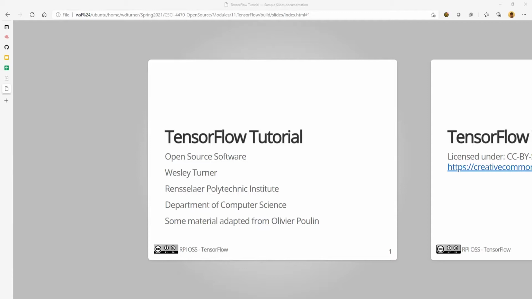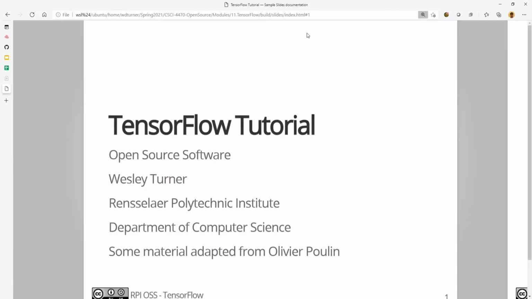We have a couple of these types of modules. Can I make this any bigger? There we go. This one and the last lecture we gave, MongoDB, were actually adapted from presentations that previous students have given, either in our course or in this course.